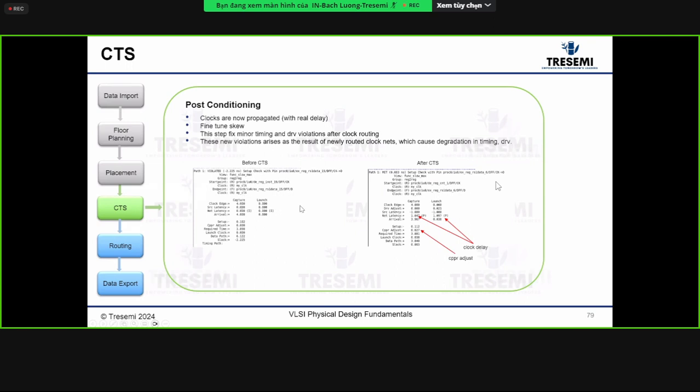So my main point here is no latency, no CPPR adjustment. Here, after clock tree, you can see the latency and you can see the CPPR adjustment, right? This is the common path pessimism removal. You can see the adjustment. So that's the main point that I want to point out with these two before and after headers.